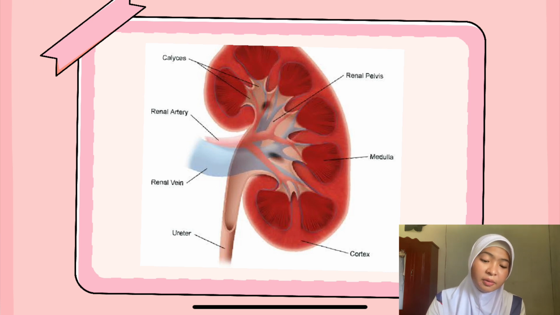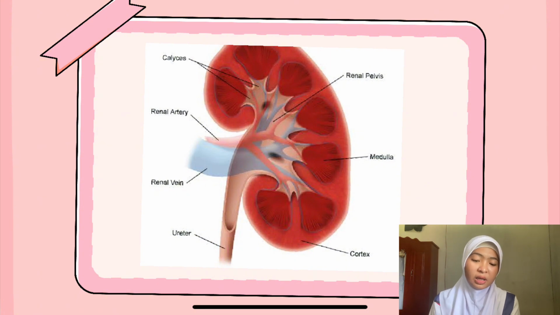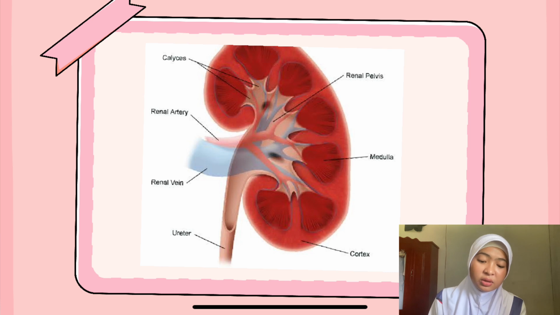The renal vein naman, siya yung nag-carry ng deoxygenated blood away from the kidney and back to the inferior vena cava. The last one is the renal medulla. Siya yung inner part of the kidney containing structures like the renal pyramids where urine formation takes place. Doon sa renal pyramids, siya yung parang guhit doon sa kidney. Ipapakita ko sa taas.